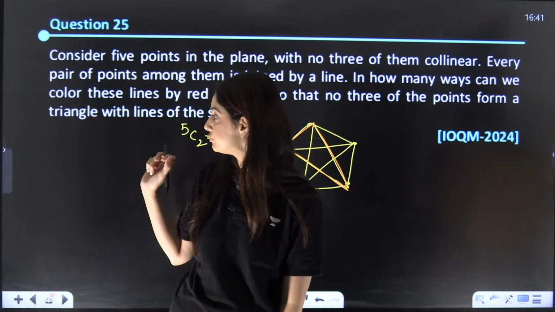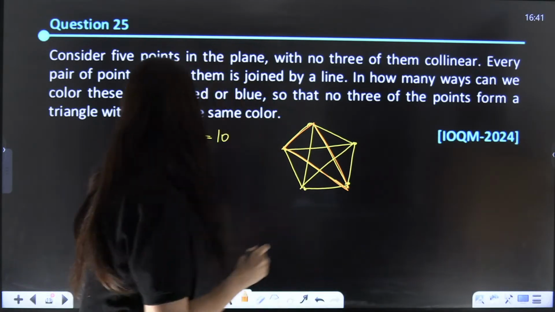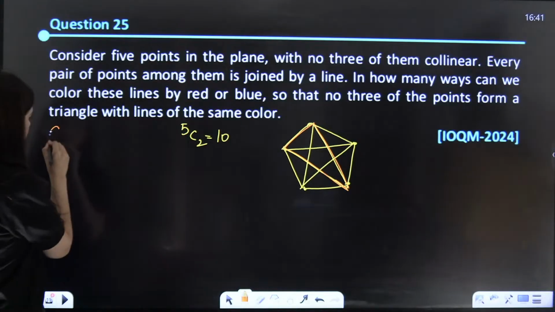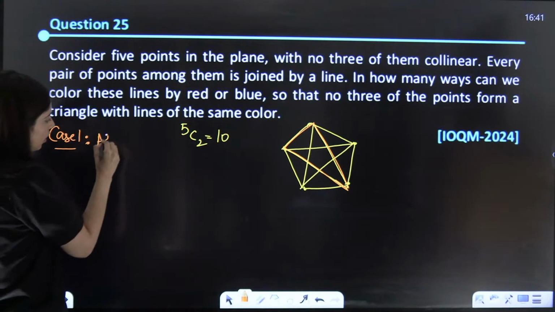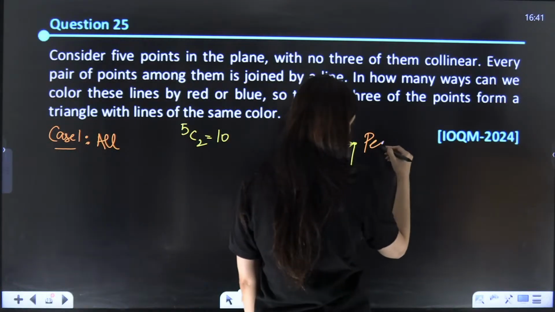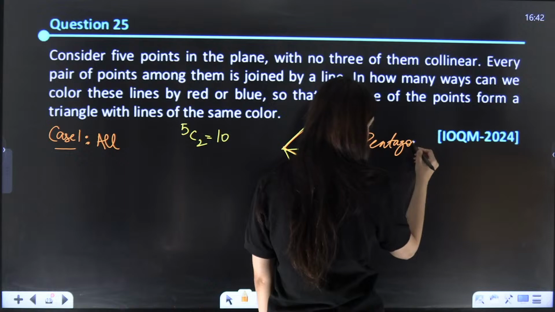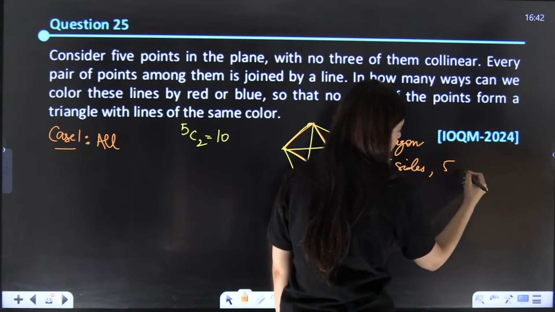So how do we go about this? We do it case by case. So case 1, all sides: we have a pentagon, right, which has 5 sides and 5 diagonals.